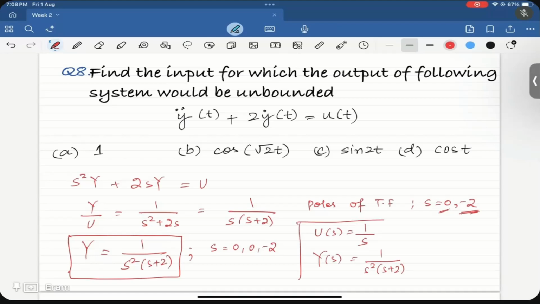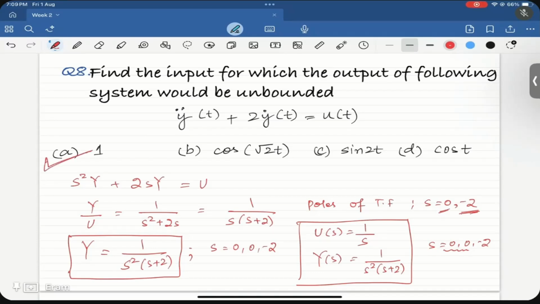If we put U(s) equals 1 by s, Y(s) will be 1 by s²(s + 2), whose poles lie at s = 0, 0 and -2. So we have two repeated poles at the origin, so this response will be unbounded. So which option is correct? Option A, because in the time domain u(t) is written as 1.